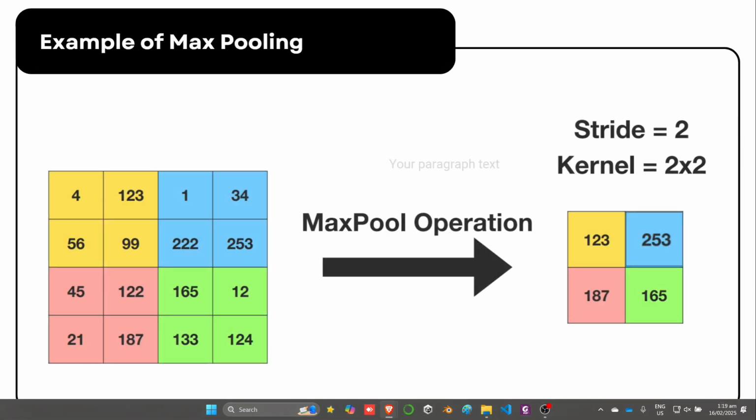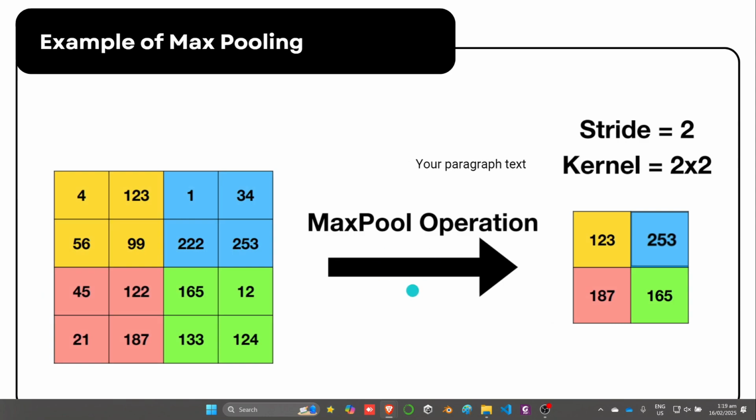So here's an example of max pooling. Imagine this is the feature map output right here. We use two parameters to control a max pool operation: the kernel size and stride. A 2 by 2 kernel means that the first instance of the sliding window covers this yellow portion here.